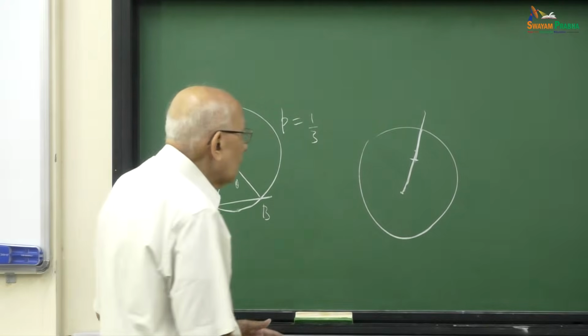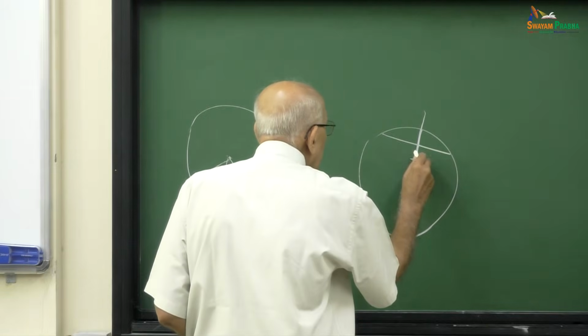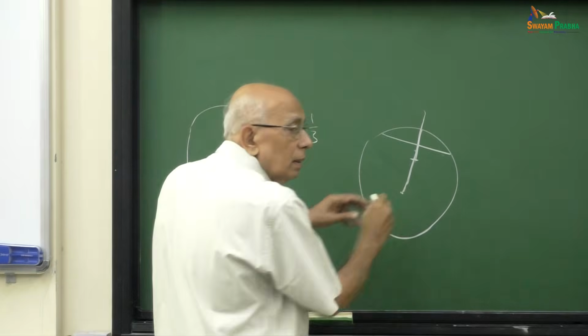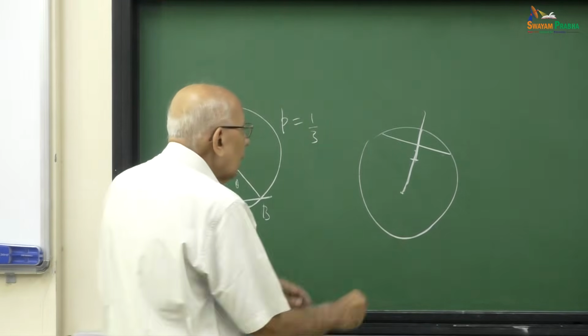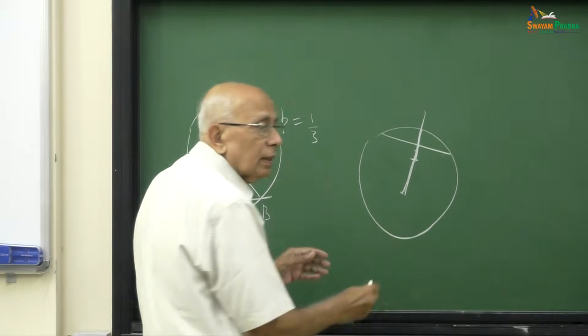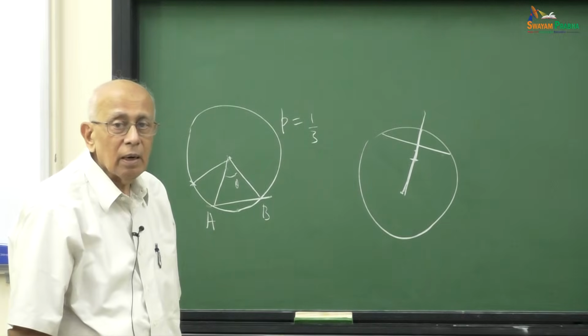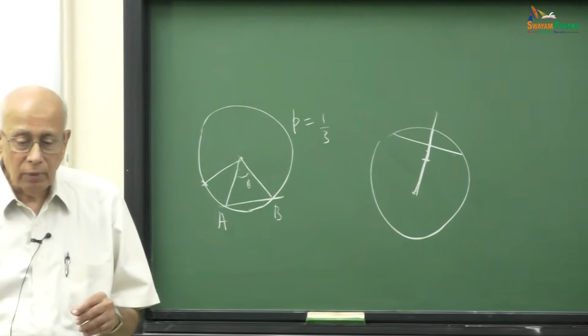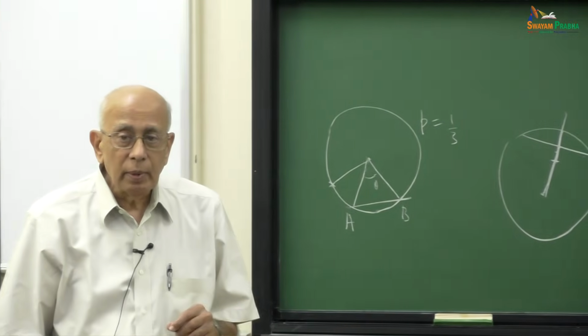If you're here, the chord is here for instance, that's less than the radius of the circle. And if it's in this other half, it's greater than. So the probability is a half because you have taken the midpoint of the chord to lie uniformly distributed on any given radius.